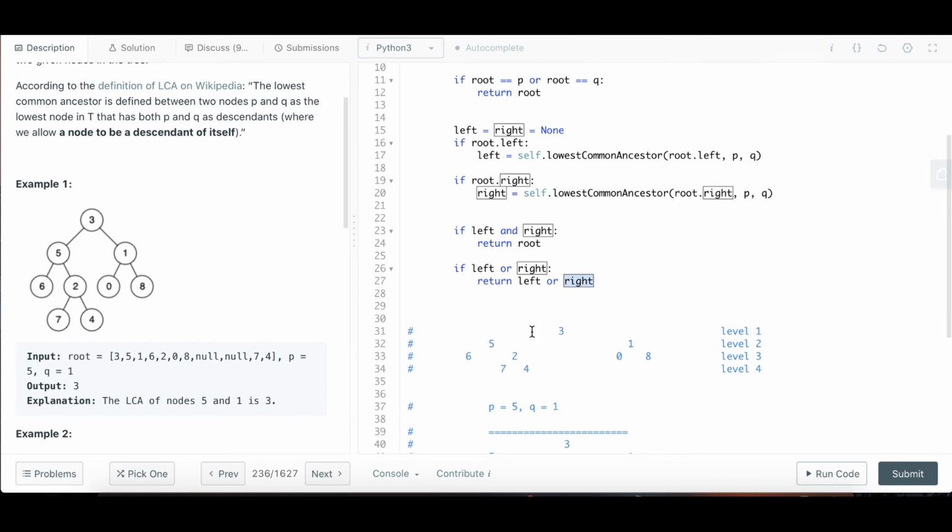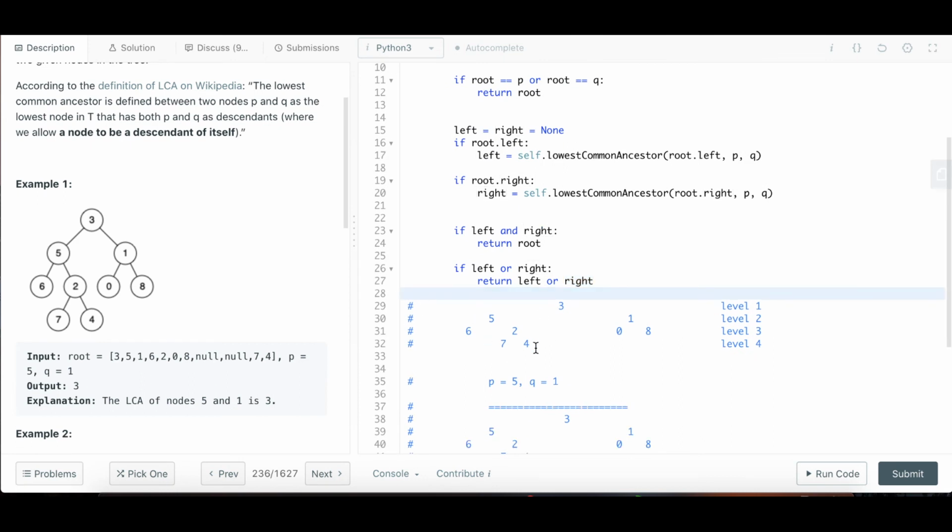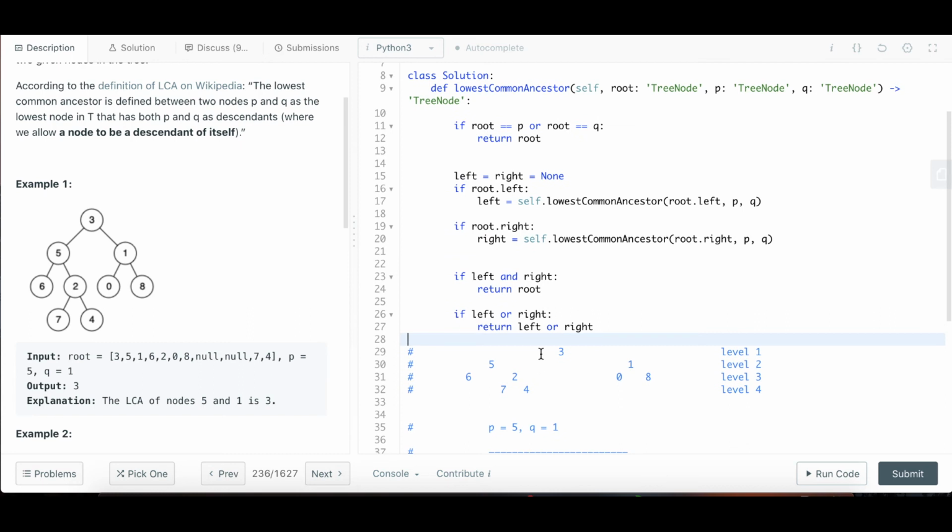So going back to the example we talked about earlier, you start from 3. This doesn't do anything because P and Q are not equal to root, right? They're not equal to 3. You go to the left subtree. You define these two variables. You go to the left subtree, 5. Now your new root is 5. You call this function again, check this line again, bam, you get to 5, you return root. Basically now your left has this node saved into it.